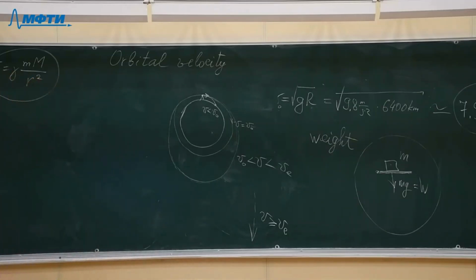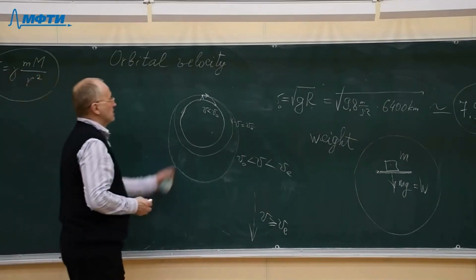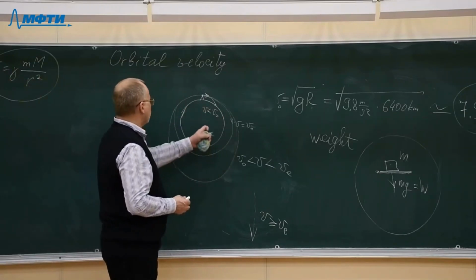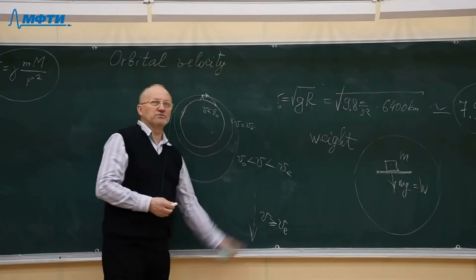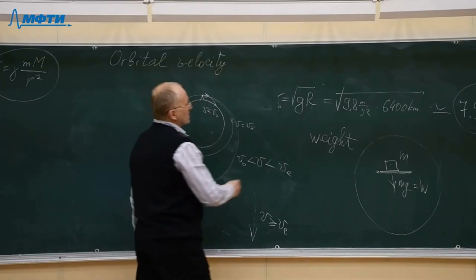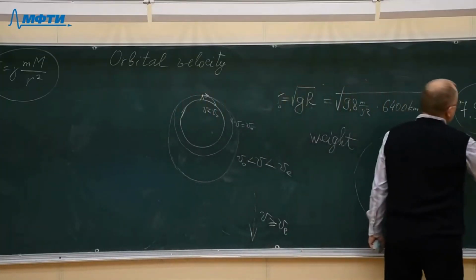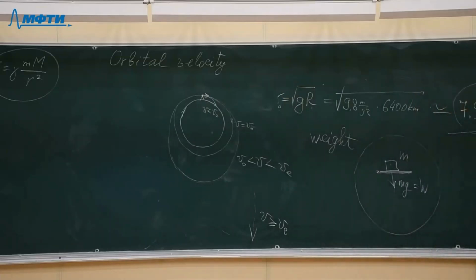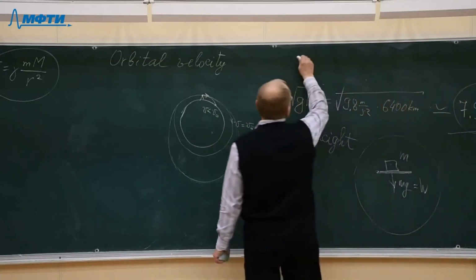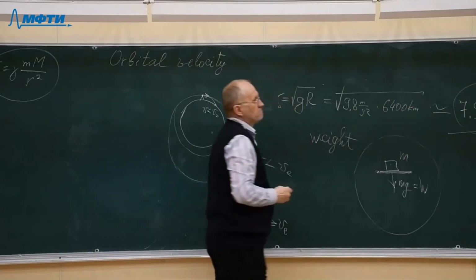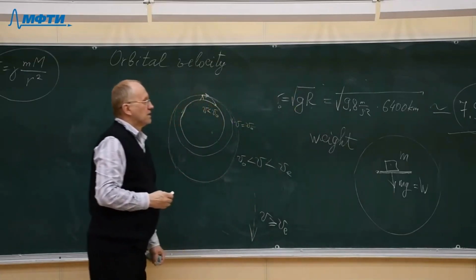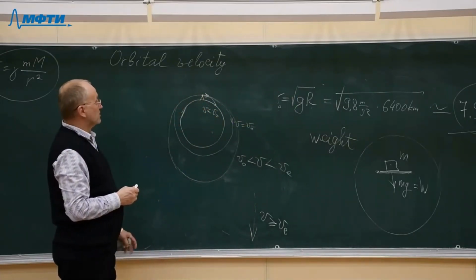So if you want to launch a satellite which will never fall on the planet and which will not leave the gravitational field and go to infinity, the velocity must be between the orbital velocity and the escape velocity. The velocity of any satellite must be between these two values.